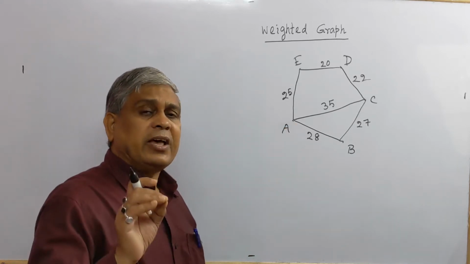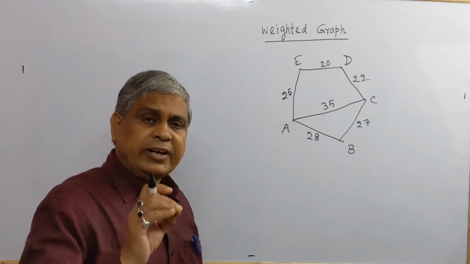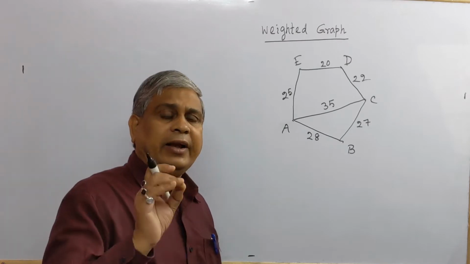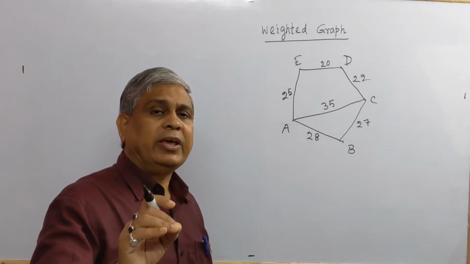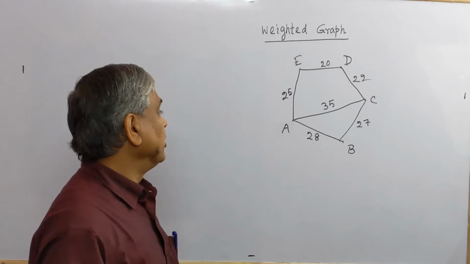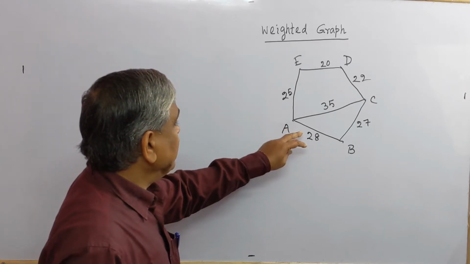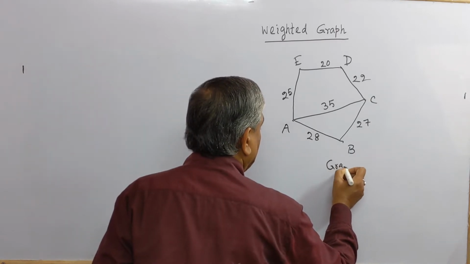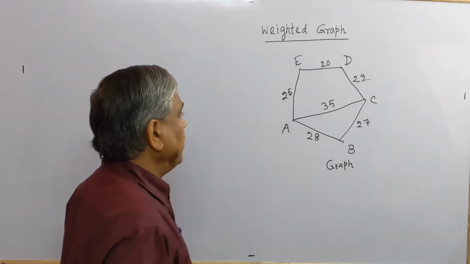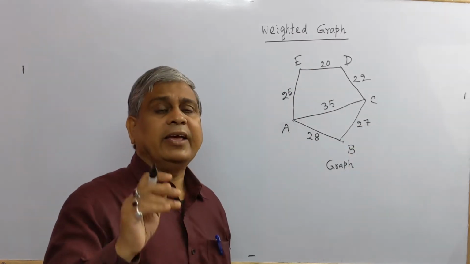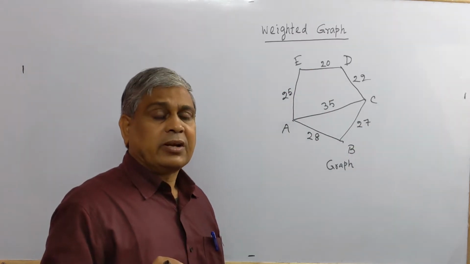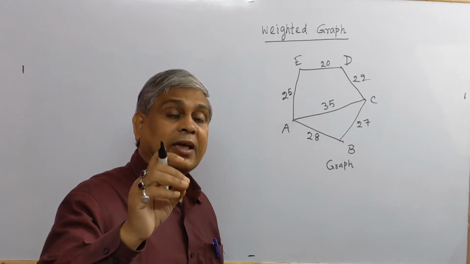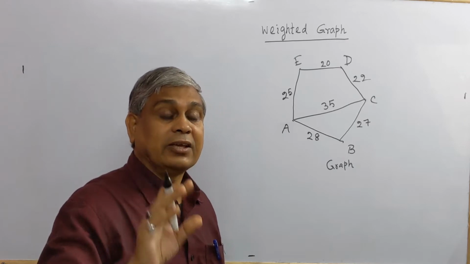Now, let us assume cities to be the vertex of a graph and connecting roads to be edges of the graph. Therefore, this picture is a graph having vertices and edges. But it is given that each edge has its length.